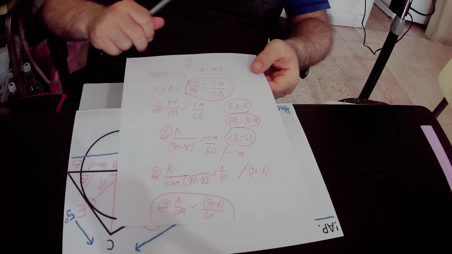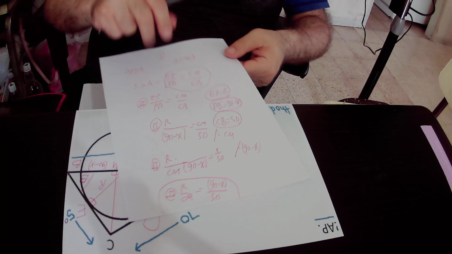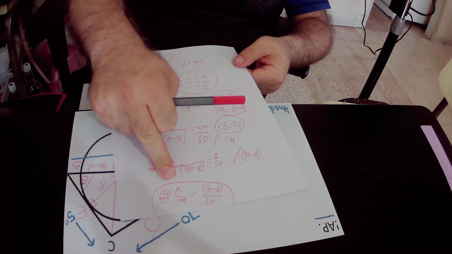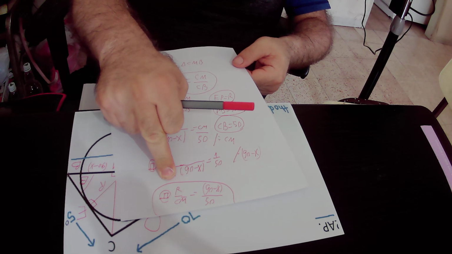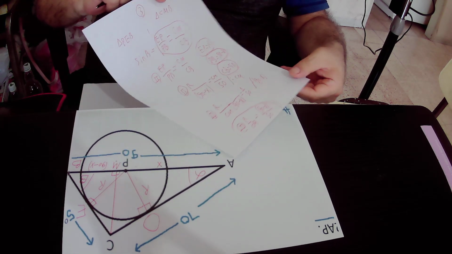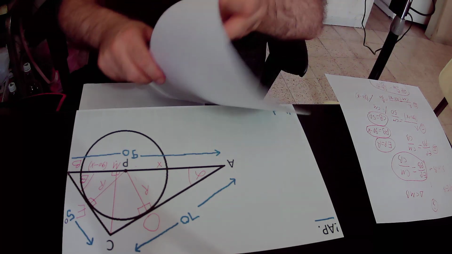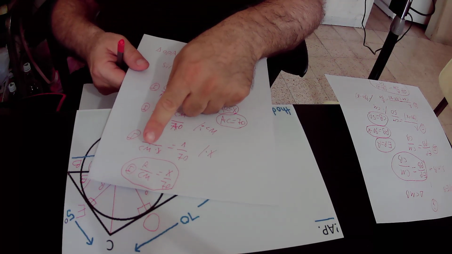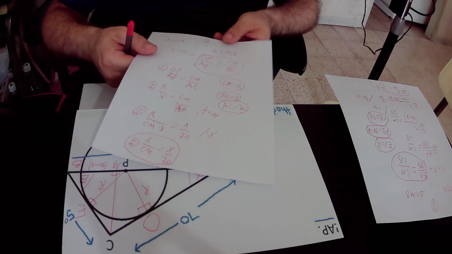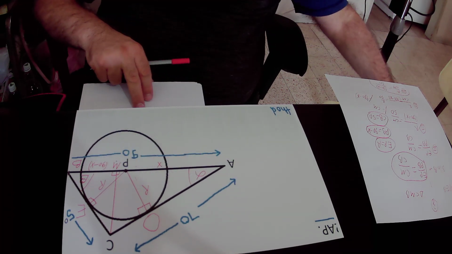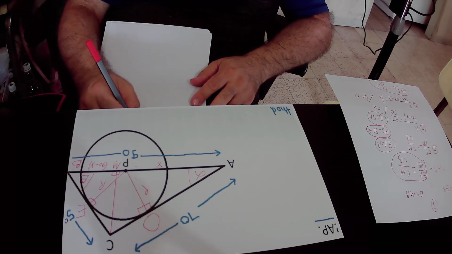Okay, so we have actually two expressions of R over CM. This is the second equation with the expression of R over CM, and we also have the first expression from the first equation.